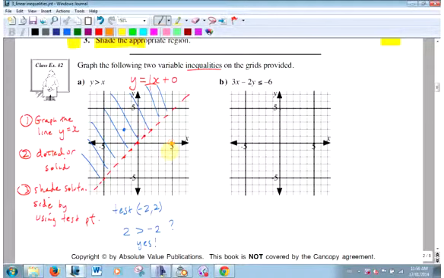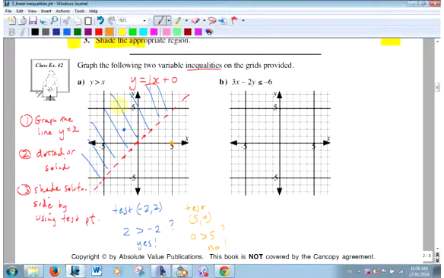I want to test that point. I already know it's not in the solution area, right? But let's see. Does that work? Test 5, 0. Y is 0. Is that greater than x 5? No.